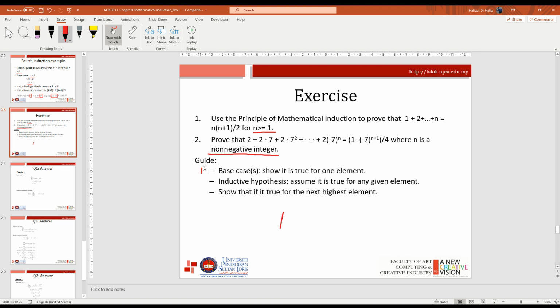So the first step is to show that the base case is true. We assume the base case is true. Secondly, for the inductive hypothesis, assume that it is true for any given element. And then number 3, show that if it is true for the next highest element.